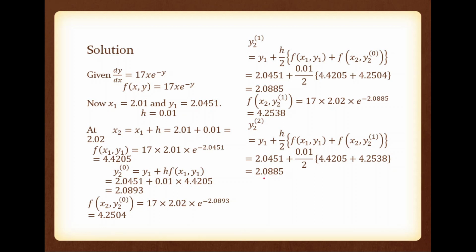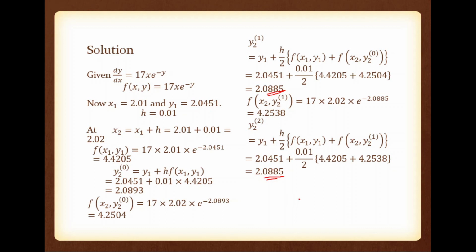And we can see that this modified value of y2 is exactly equal to the previous value of y2. So we can stop here. So now we can say y2 is equal to 2.0885. And y2 is the value of y at x equal to x2. x2 is 2.02.